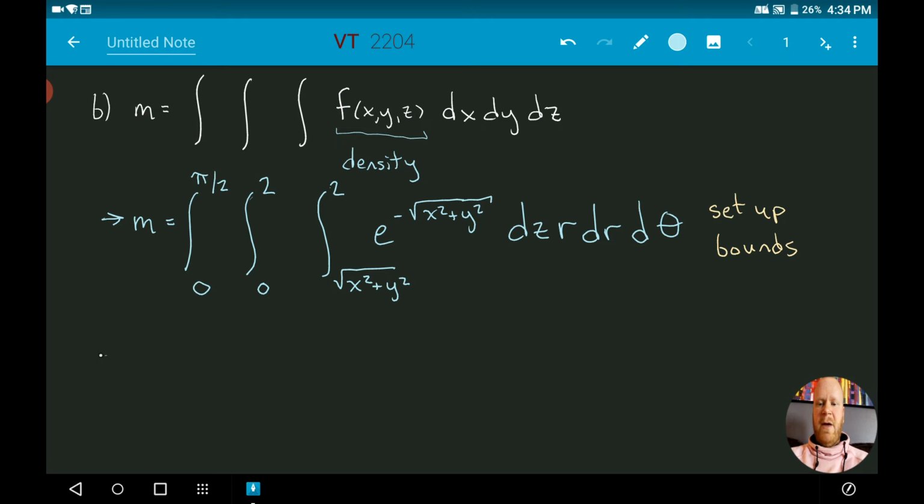The problem that we have here, and you might have noticed it, is that this density function and some of our functions in here we want to be integrating with respect to z and r and theta, but we still have x's and y's in here.